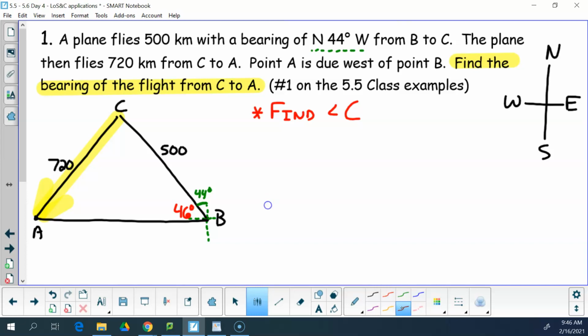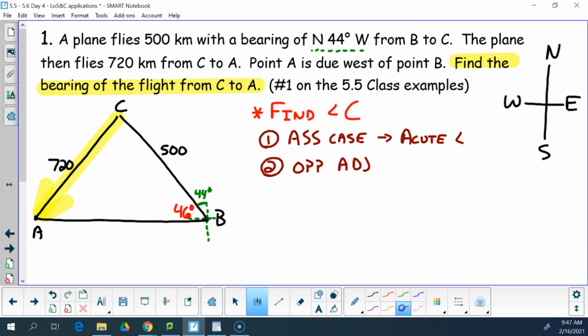So let's look at our particular triangle. It's an angle-side-side case, isn't it? Yeah? Okay. So let's go through our steps just to make sure that we aren't looking for two angles. Our given angle is acute. So that's good. We need to check then the relationship between the opposite side and the adjacent side.